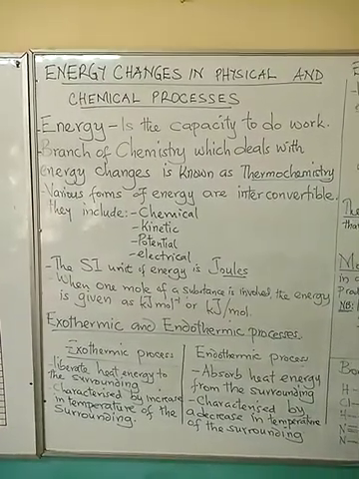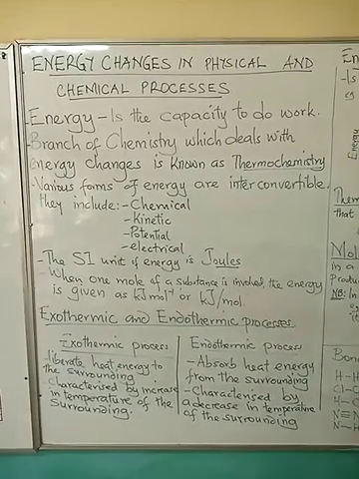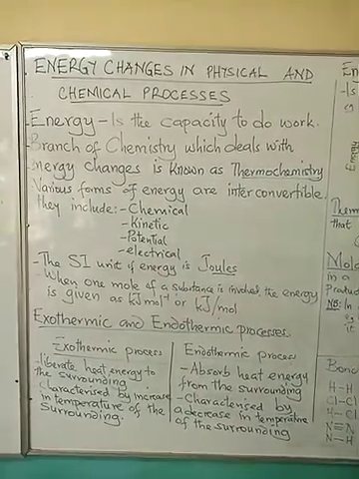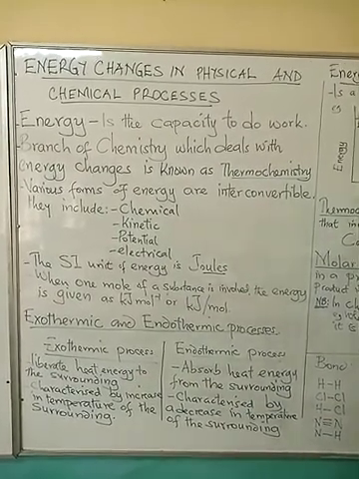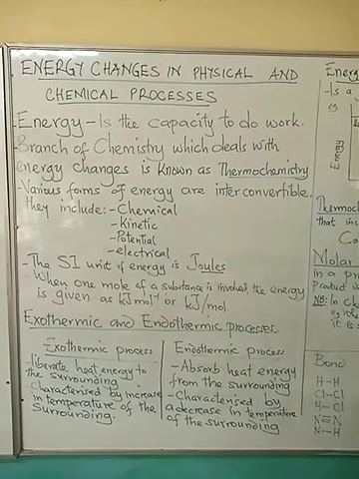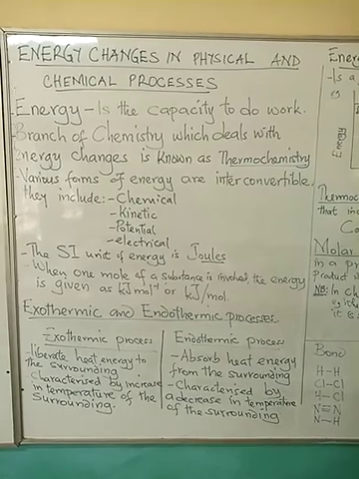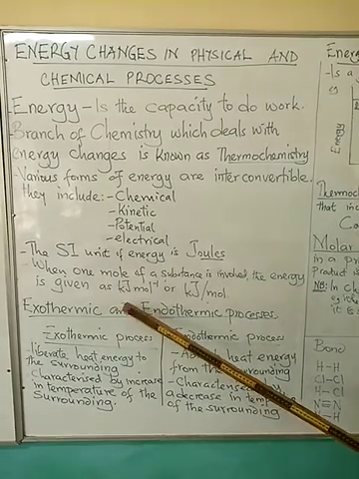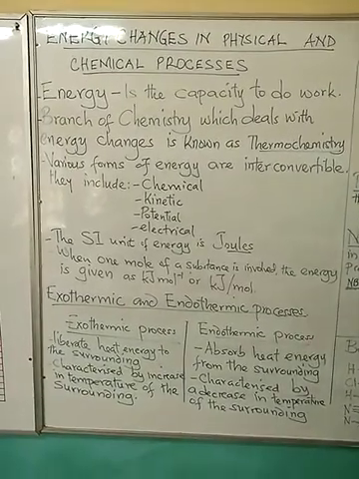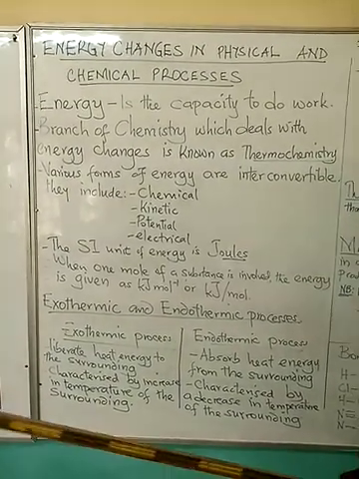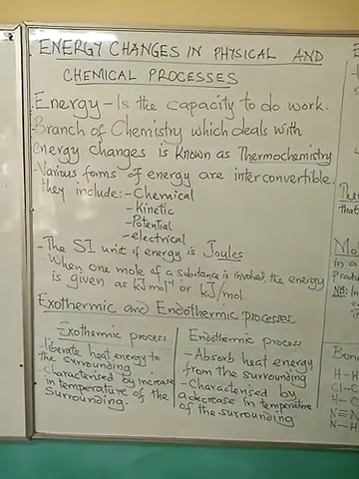The SI unit of energy is usually measured in joules, and therefore, when 1 mole of a substance is involved, the energy is given as kilojoules per mole, which can be written as shown. Now, under energy changes, we are going to discuss exothermic and endothermic processes.